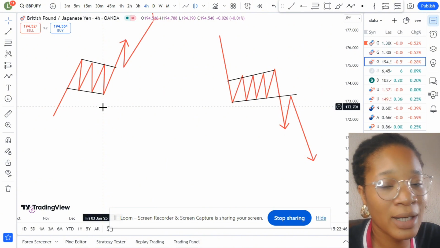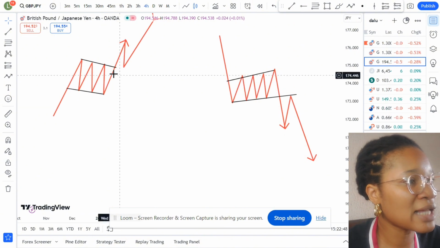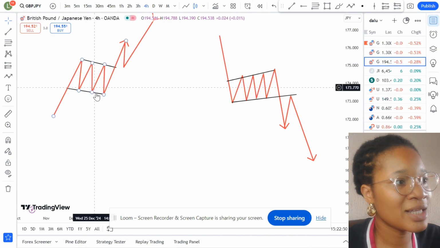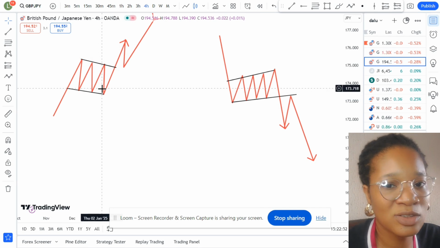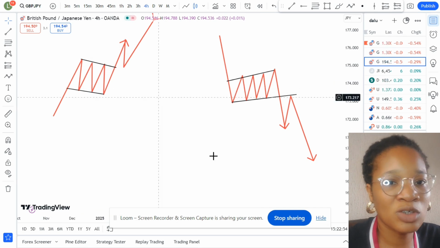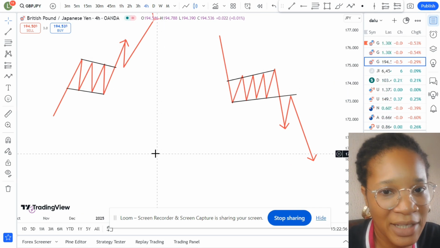Of course, we know parallel lines don't meet, so price is just continuing in that movement of resistance and support. They're not trying to meet anywhere.